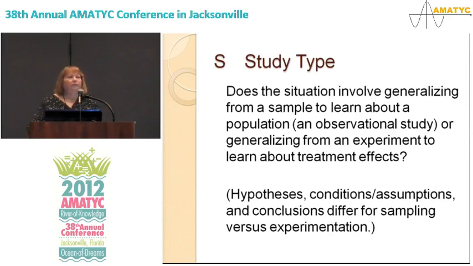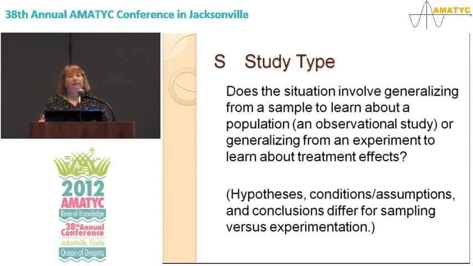The second question that I want them to think about is the study type. Data that we typically deal with in the introductory course either comes from sampling, selecting samples from some population, or it comes from an experiment.